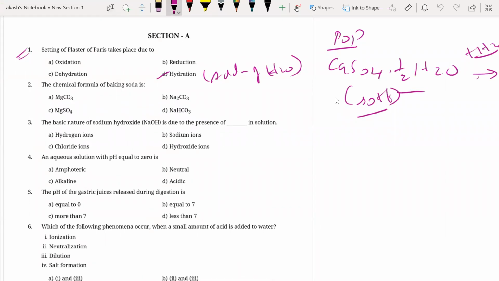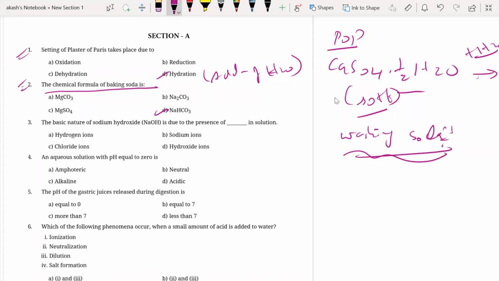Next question. The chemical formula of baking soda. Sir, NaHCO3. Very simple, right? We all know baking soda is NaHCO3. What is washing soda's formula? If I ask you the same question, if it was washing soda, what would you have answered?